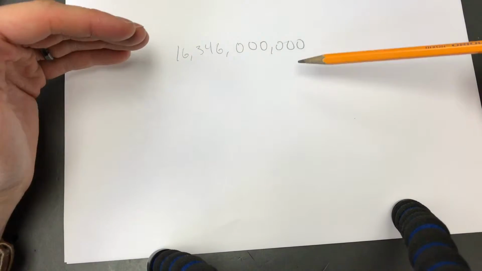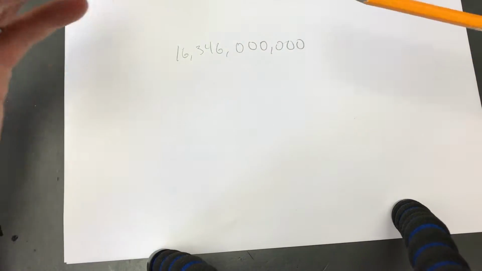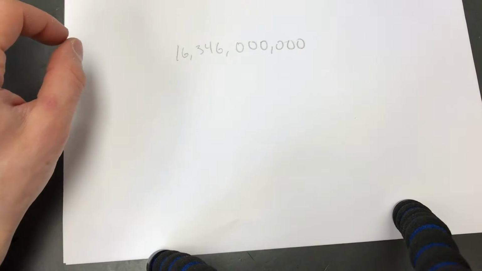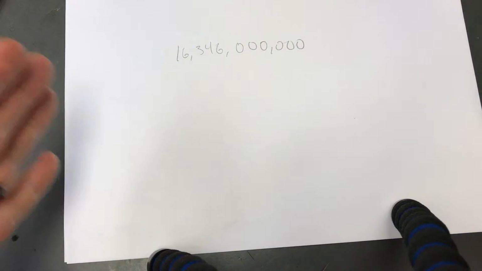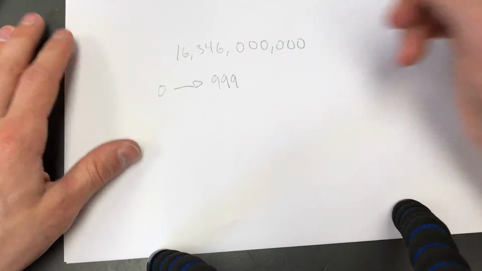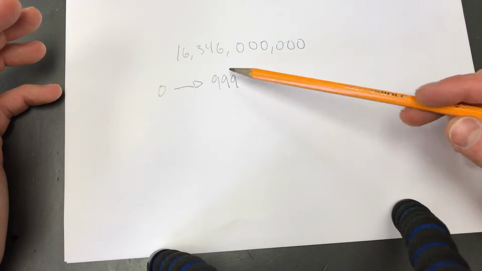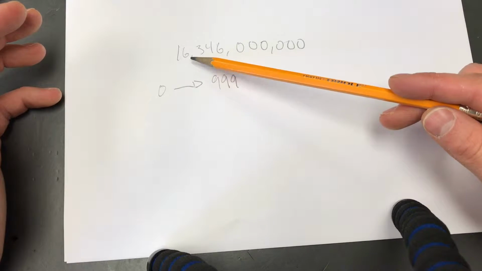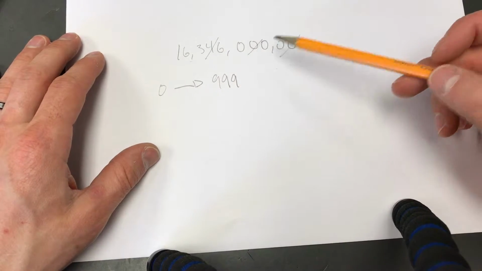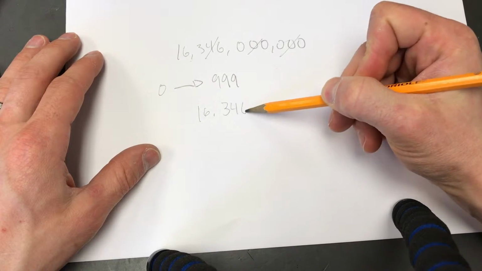So say we have this huge number, 16,346,000,000, that we want to put in engineering notation, not scientific notation. We have to get a number between 0 and 999 that we want to work with. I see a nice clean number of 16 because we're going in groups of 3. So let's write 16.346.